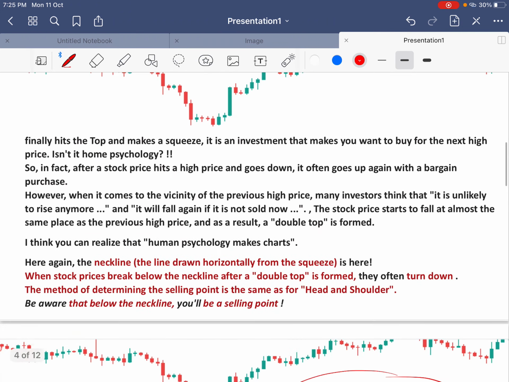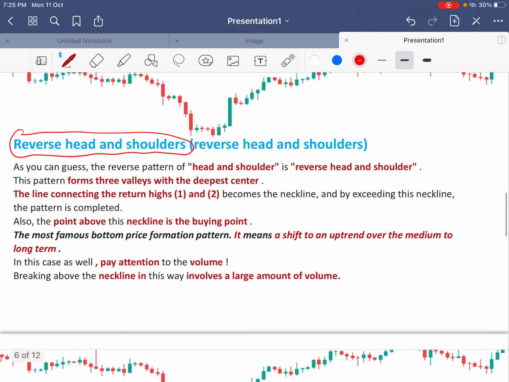But in the case of reverse head and shoulder, the pattern may appear like this. Let me just give a rough idea.